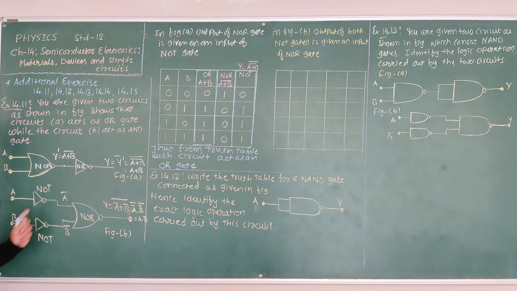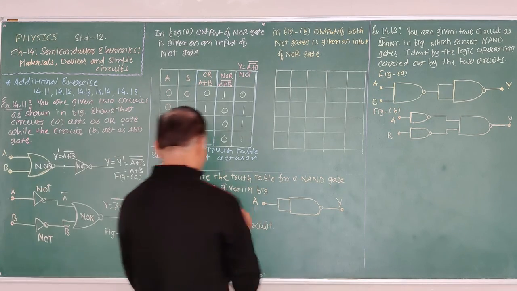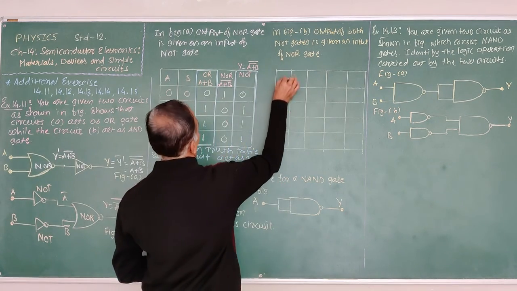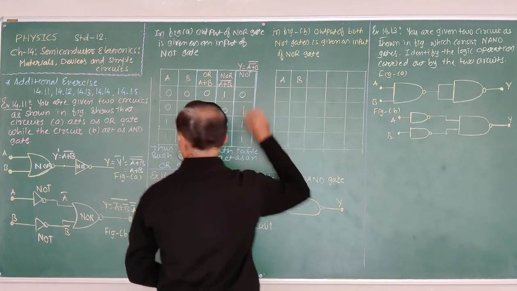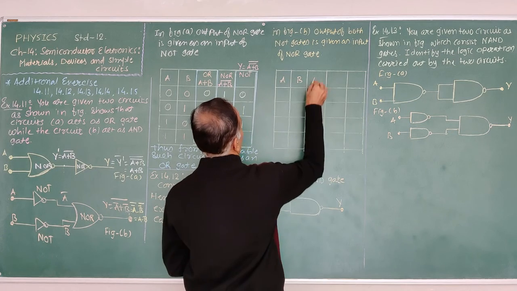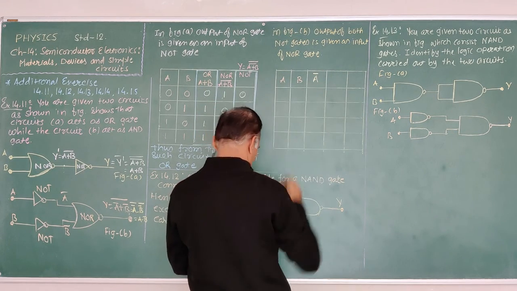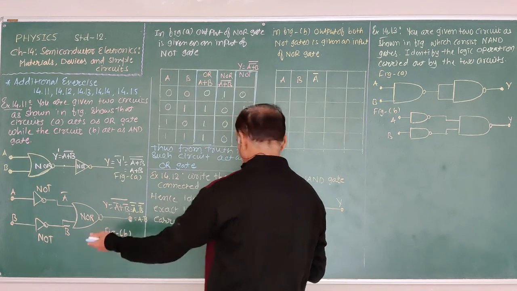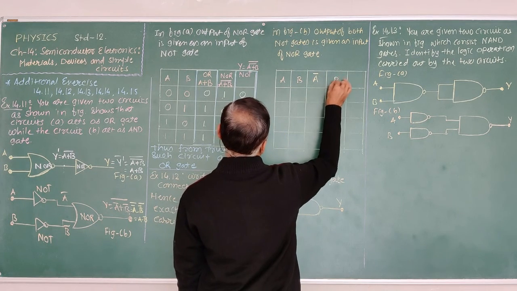First thing, A, B. Therefore we prepare the truth table this way: A and B. Output of the first NOT gate, that is A bar, and output of the second NOT gate, that is B bar.